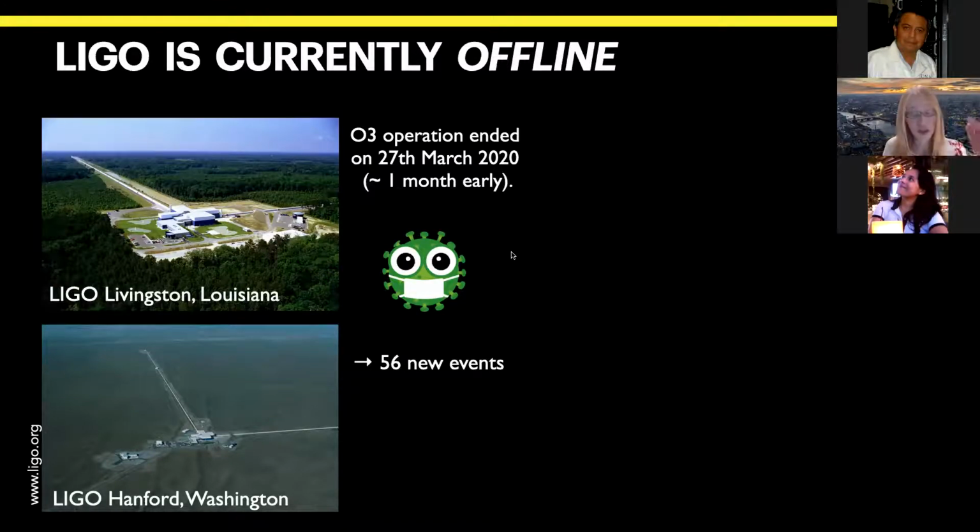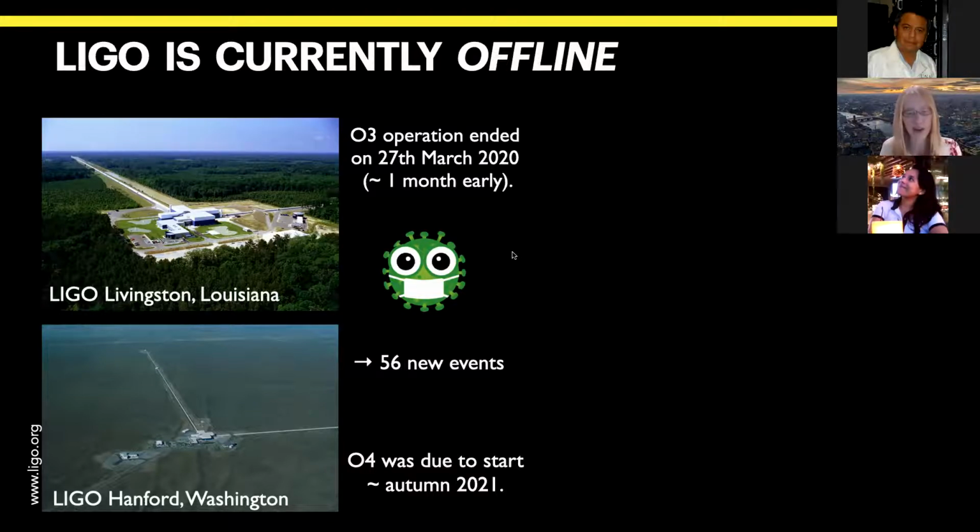Okay, and what's supposed to be happening now is the detectors are supposed to be undergoing engineering works to make them more and more sensitive. And the fourth observing run, or O4, was originally due to start next autumn. Now, I think word on the street is that that schedule has, of course, been delayed by the pandemic, and we're looking probably more around spring 2022 now for that, but it's yet to be confirmed.